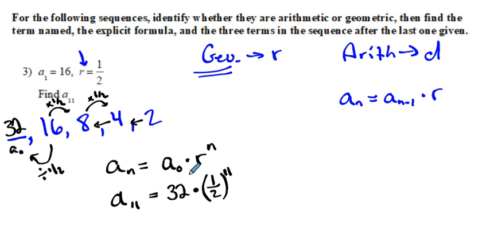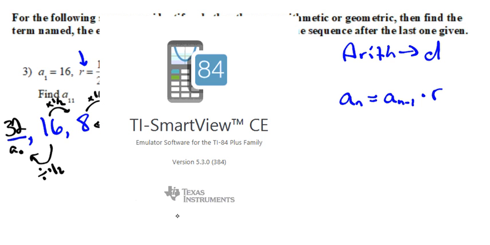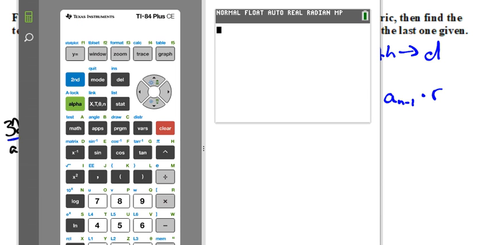All right, and when we evaluate that, let me pull up a calculator here, maybe you're going to end up with a decimal. So here, if I did 32 times, you could do a 0.5 in here, or 1/2.